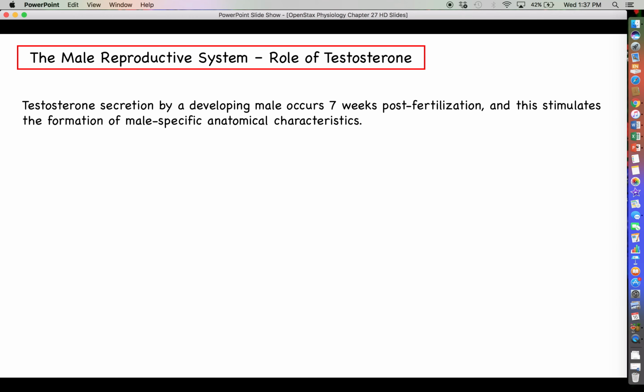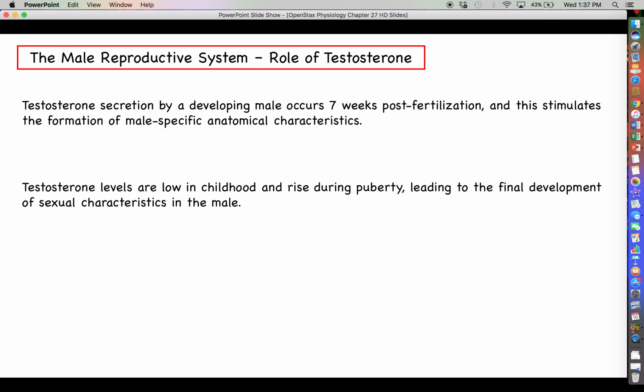If you dabble much in developmental biology, in the 7 weeks leading up to this event, the developing embryo doesn't really have any particular physical characteristics that would give them away as a male or a female, but this surge of testosterone serves as the trigger for the actual differentiation of tissues to form the testes rather than going to the default ovaries.